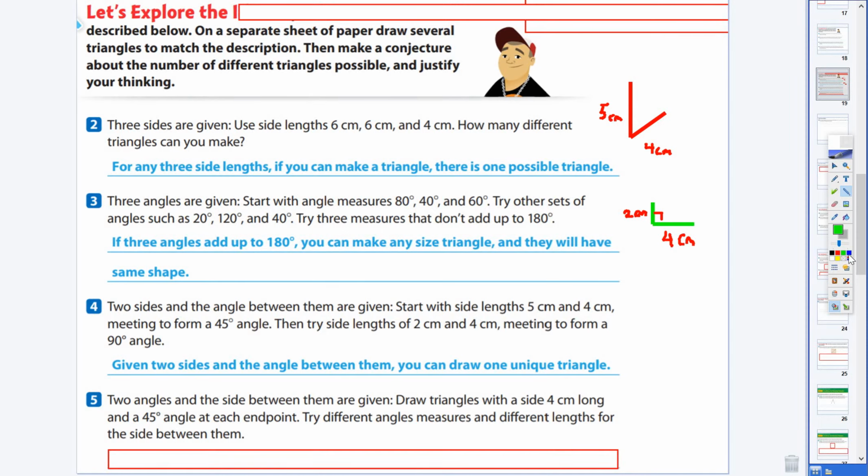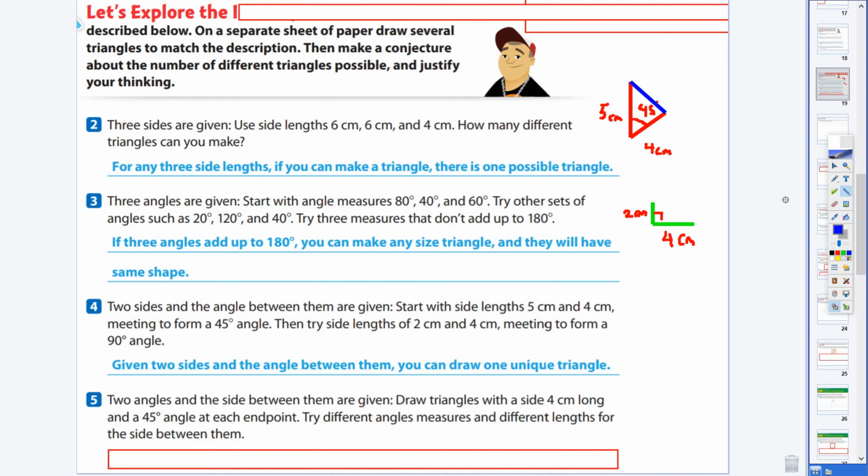Let's look up here. We're going to use different colors. The reason why you can only draw one unique triangle is because these lengths are what they are, 5 and 4. And then you have the measurement here at 45 degrees. That's not going to change. So there's only one unique triangle you can make that connects here.